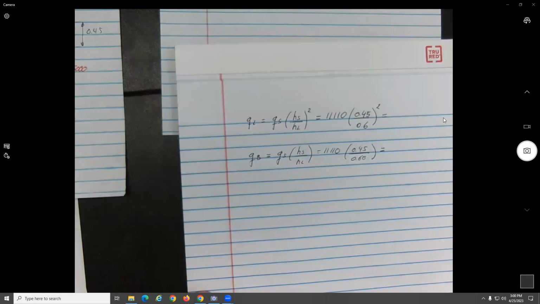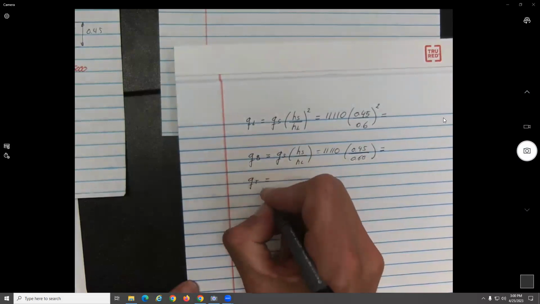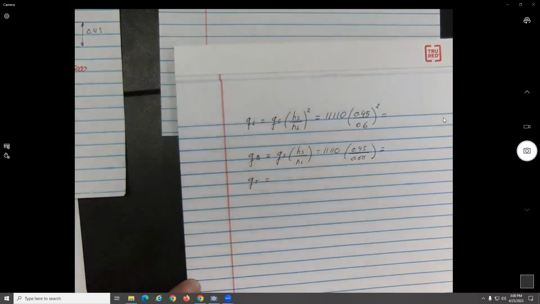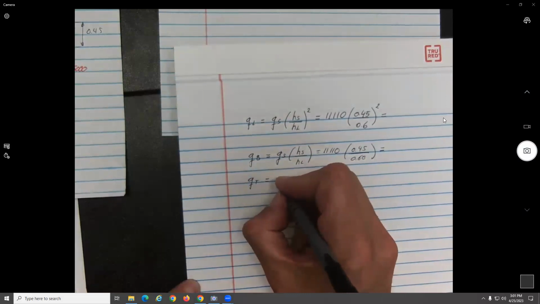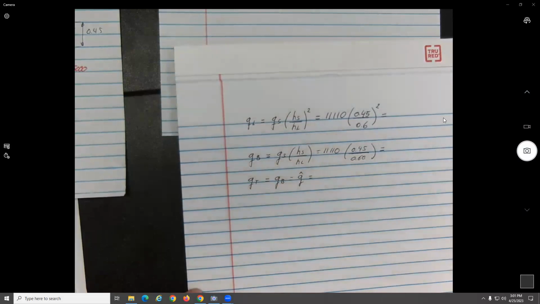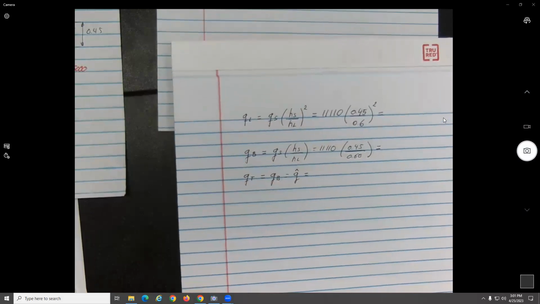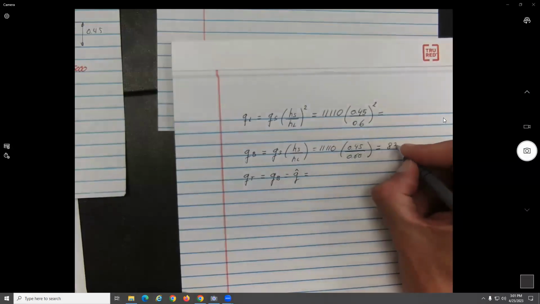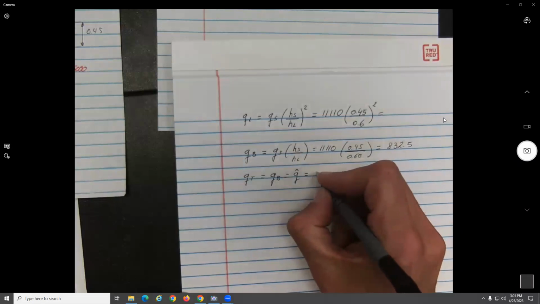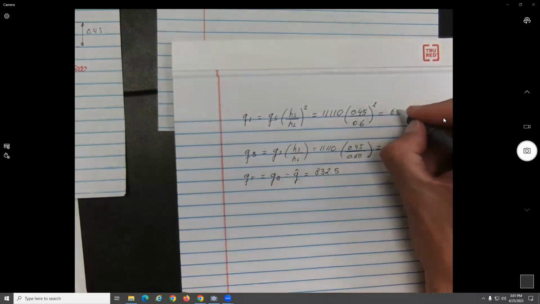And the last one we need to do is Q top. We already have it, so it should be the same thing as the Q bottom, equal to the Q hat, which should be whatever we have before. So can you give me some values over here, please? 832.5, so it will be 832.5. Q long, 624.37.